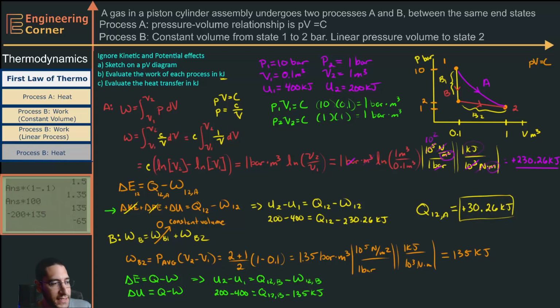And we get that this is equal to minus 65 kilojoules. So Q1 to 2 of part B, or process B, is equal to minus 65 kilojoules. So that means our heat transfer is out of the system.